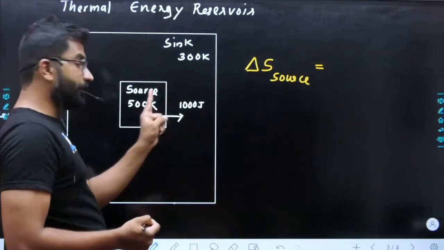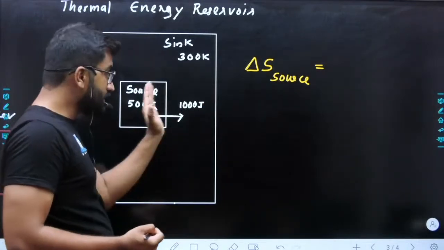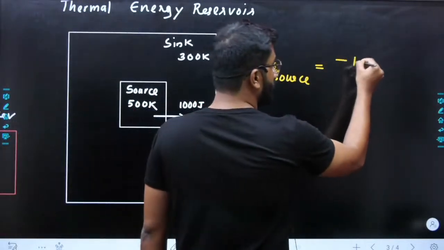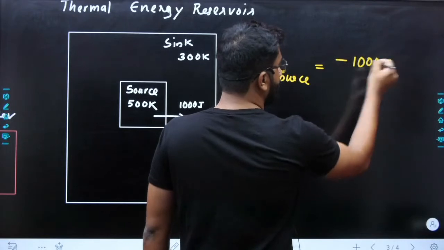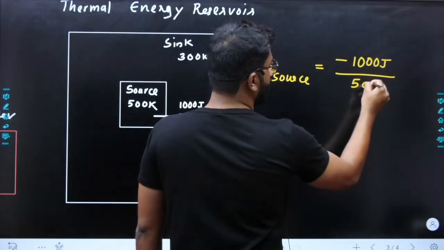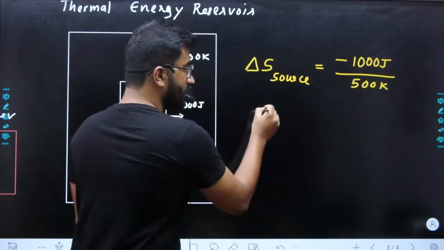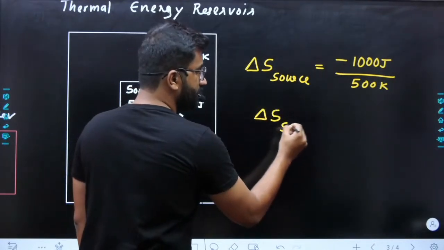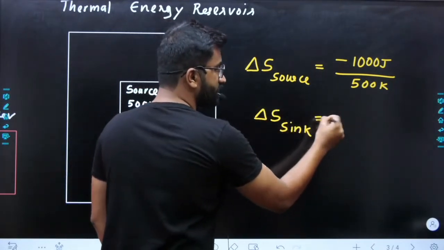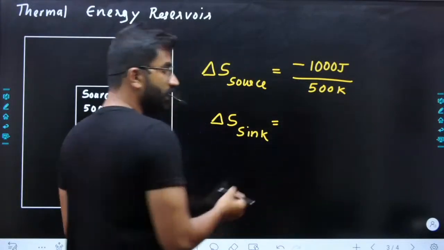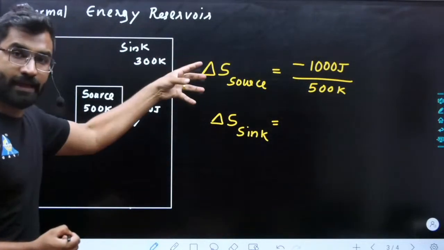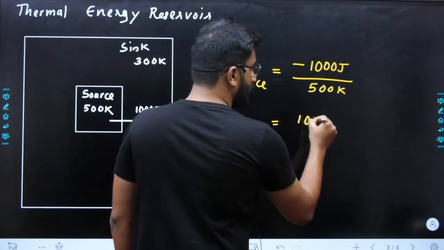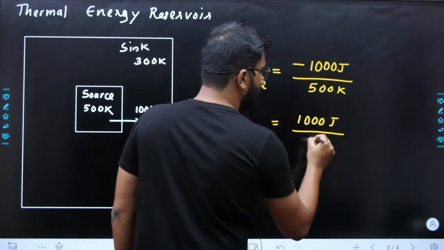What is the heat transferred? Heat is removed, heat is lost, so it will be negative: minus 1000 joule divided by the temperature, 500 Kelvin. Now what is the entropy change of the sink? The sink is getting heat, so it will be positive: 1000 joule divided by 300 Kelvin.